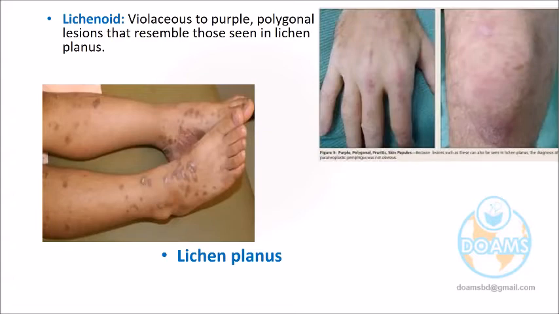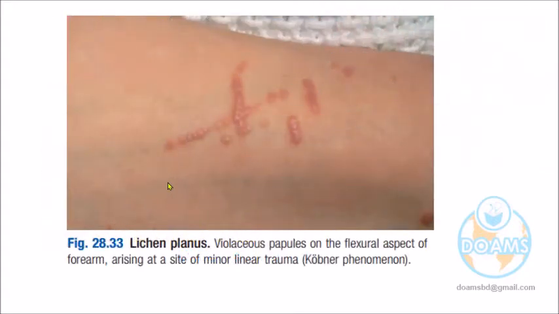Okay. But there are some other ways to identify itchy lesions. I will show you without asking the patient. Look at this. Is it itchy? Doctor, can anybody say? Is it itchy? The name is Koebner phenomenon and the disease is lichen planus.